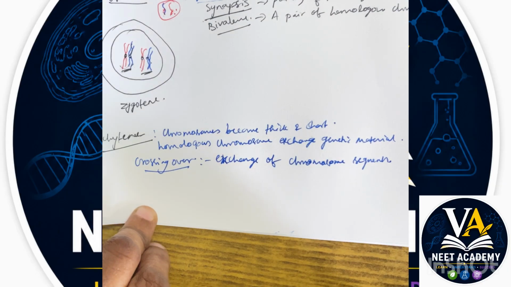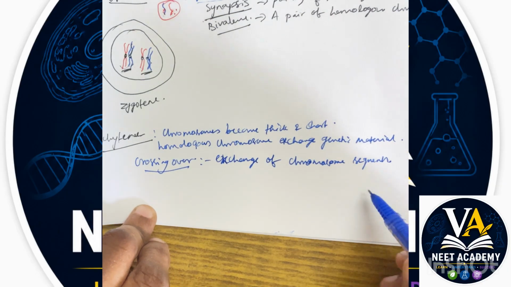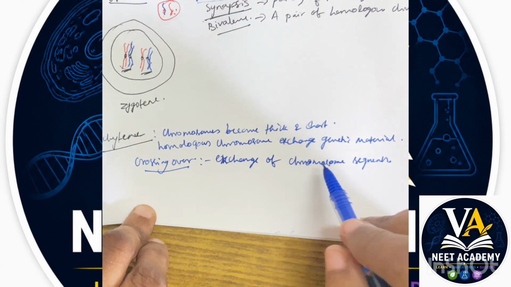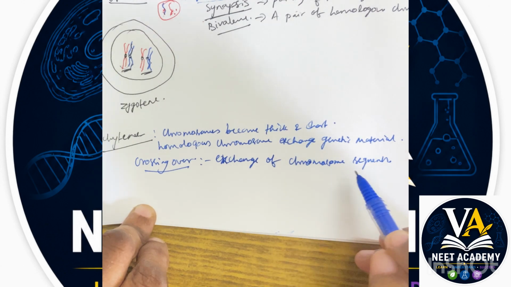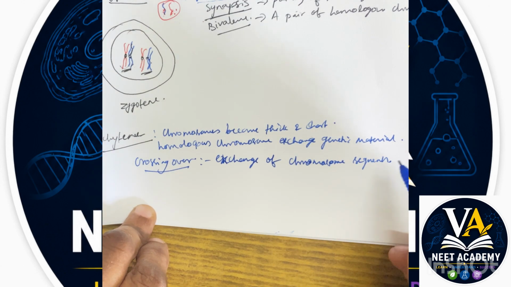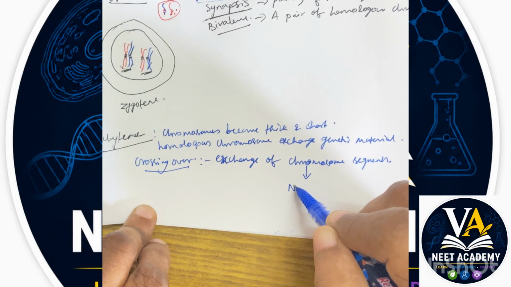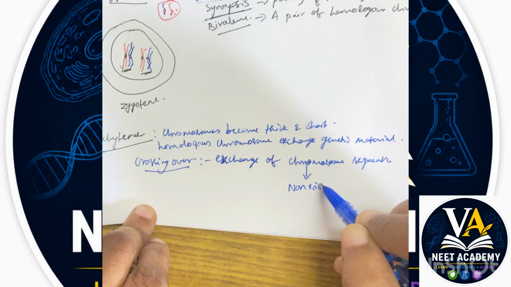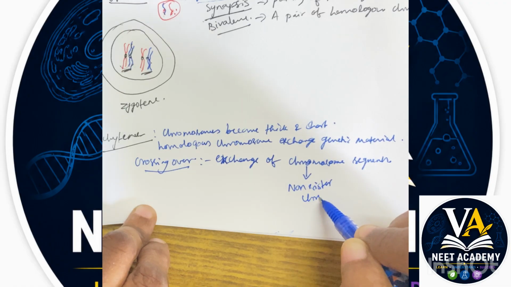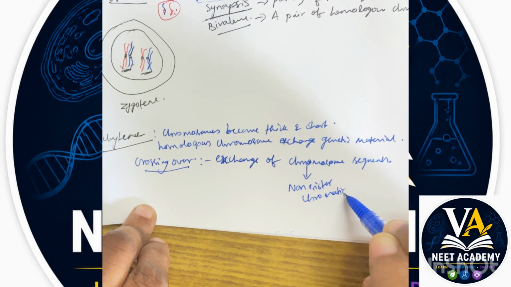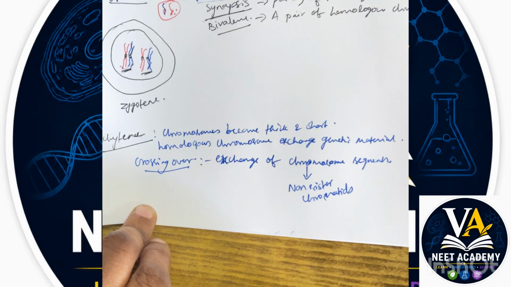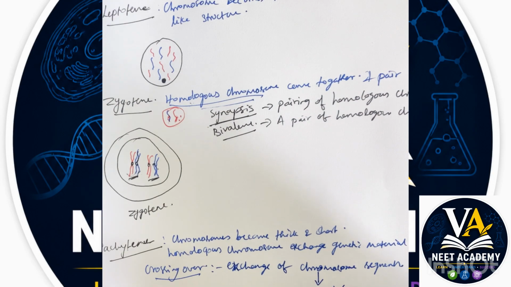Now remember students, there is the exchange of chromosome segments, but the segments are of non-sister chromatids. So exchange happens between non-sister chromatids. Don't get confused at all. I will explain through the diagram.